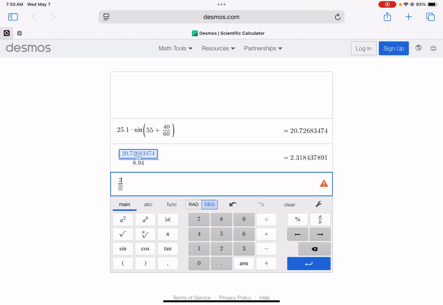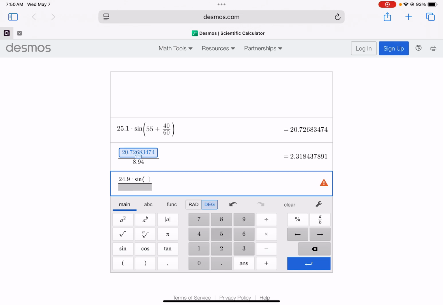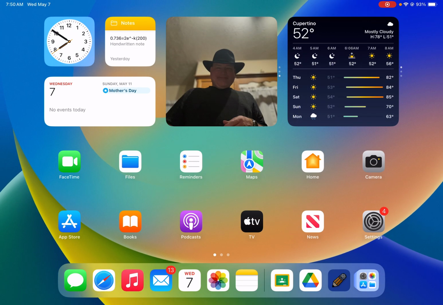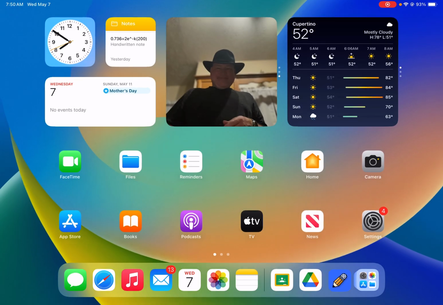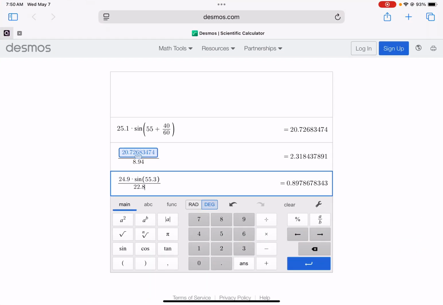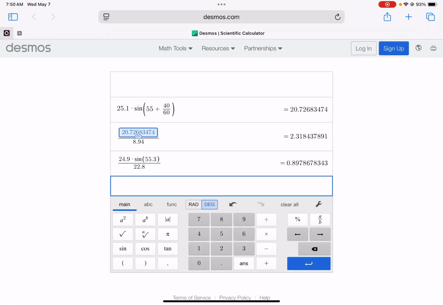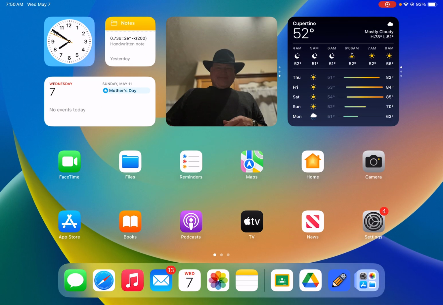When I do it, I like to put everything on top. So 24.9 times the sine of 55.3 divided by 22.8. We get that the sine of B is 0.8978, or 0.8979 technically.